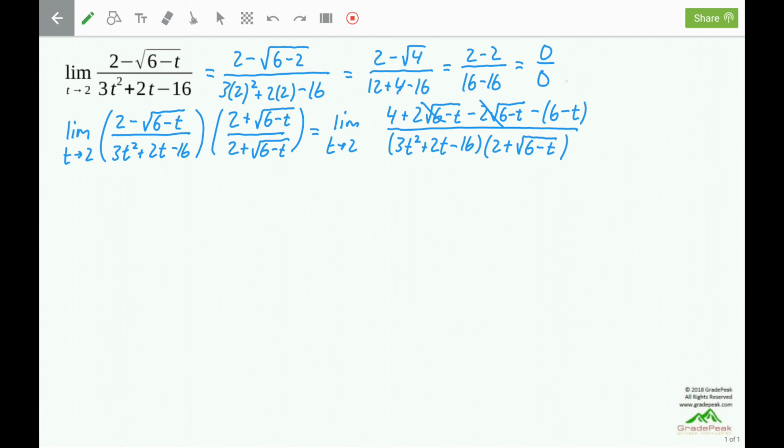Our next step is to distribute that minus sign into this expression here. That will give us the limit as t goes to 2 of 4 minus 6 plus t. Make sure to distribute it on both terms. The denominator we're going to leave as is.